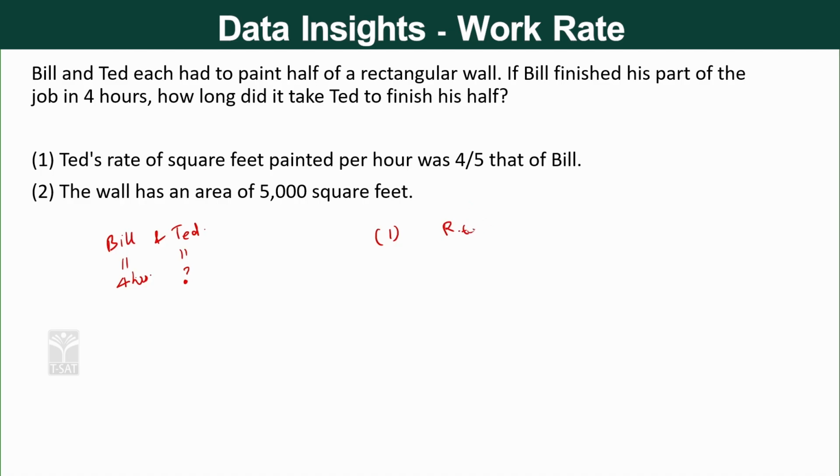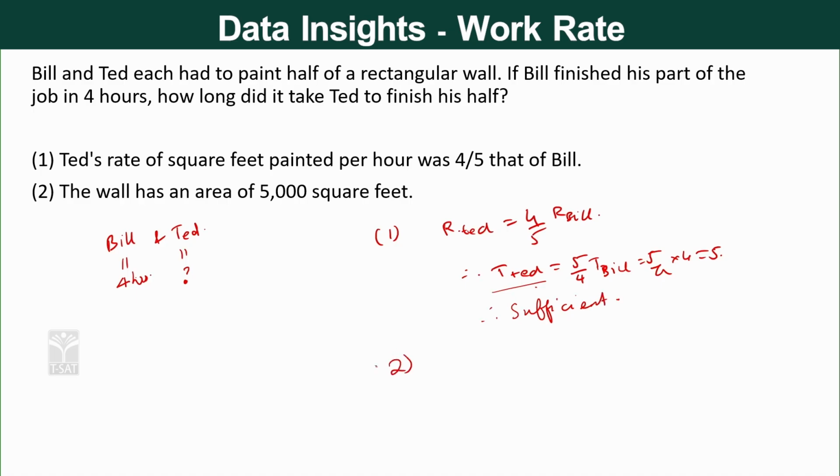Therefore, the time that Ted takes will be 5 by 4 of Bill's time, since time is inversely proportional to rate. So, 5 by 4 into 4 is equal to 5. So, there you go, you have calculated the time taken by Ted. Therefore, this information was sufficient to answer the question.